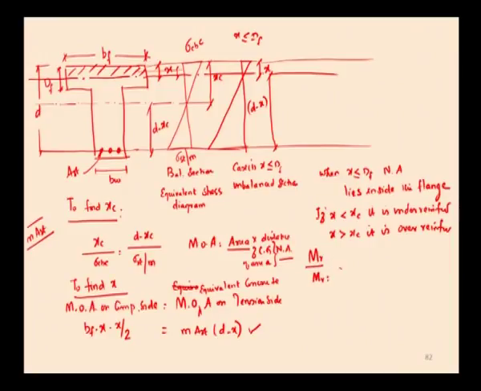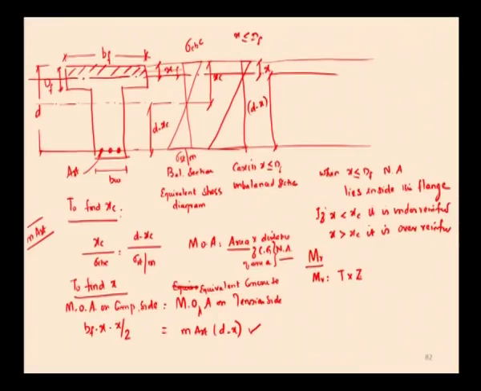MR is equal to T into Z. In the case of an under reinforced section, the steel is stressed to its maximum permissible value. So, the failure of the section here is a tension failure or ductile failure. So, what is T here? T is the force, AST into sigma ST, that is, force is stress into area.